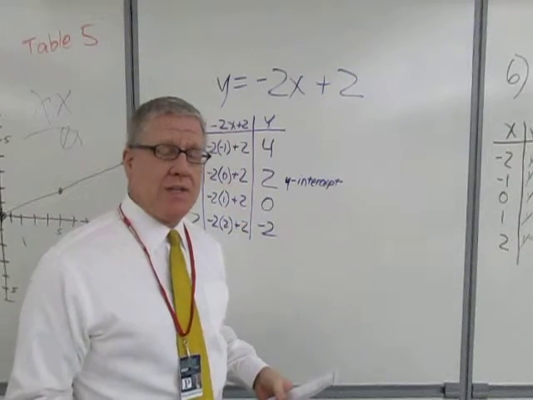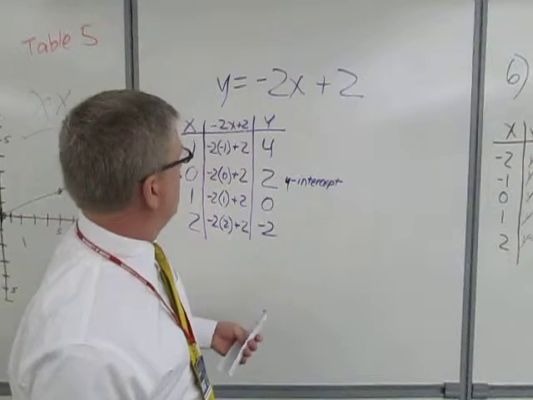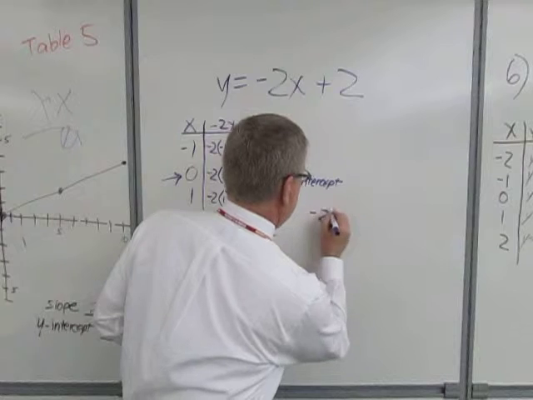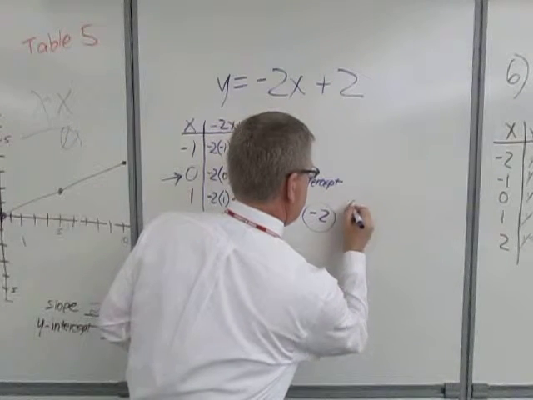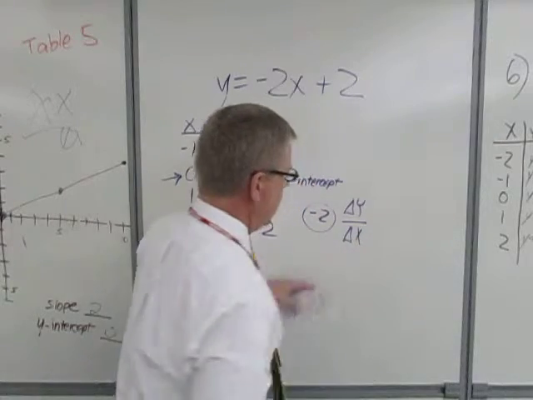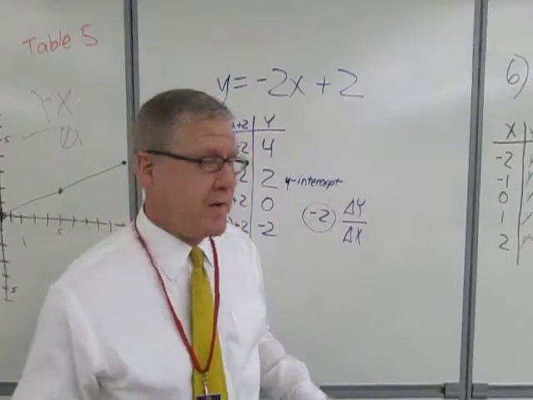So it's going down by 2 every time x goes up by 1. So we know that our slope is going to be negative 2, because that's the change in y over the change in x. The symbol for change is a delta.